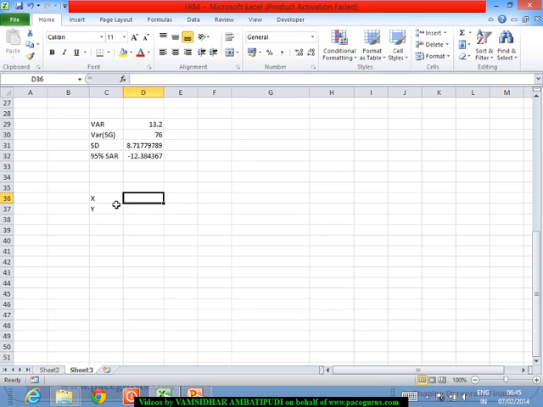Let's call them Mr. X and Mr. Y. Let me assume that the tracking error for each of them is 5% and 7%. The information ratio for him, I'll take as 1, and for him, I'll take the information ratio as 0.75.